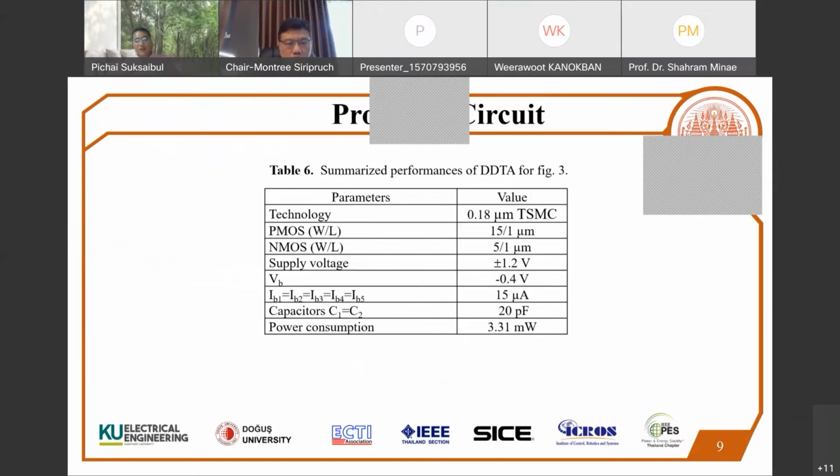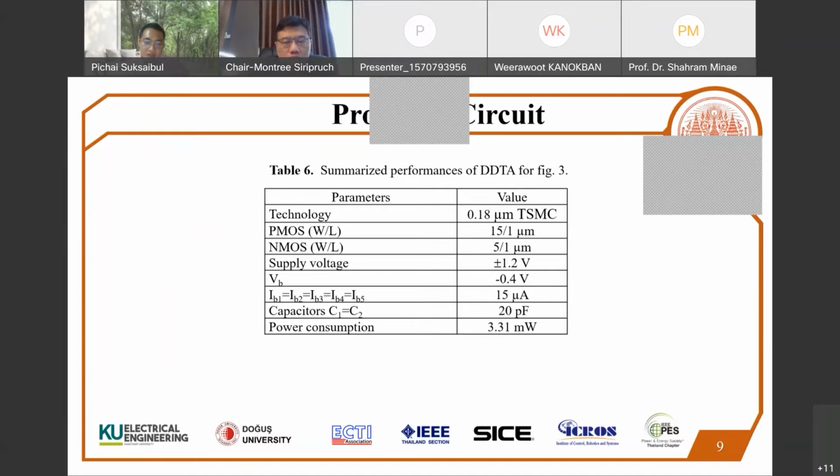This slide, table 6, summarizes the performance of the DDTA in figure 3. The circuit uses 0.18 micron CMOS technology by Taiwan Semiconductor, with PMOS ratio 15 per 1 micron and NMOS ratio 5 per 1 micron. Supply voltage is plus minus 1.2 volts, VB is minus 0.4 volt.